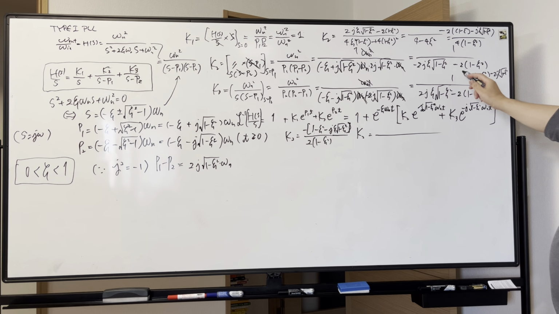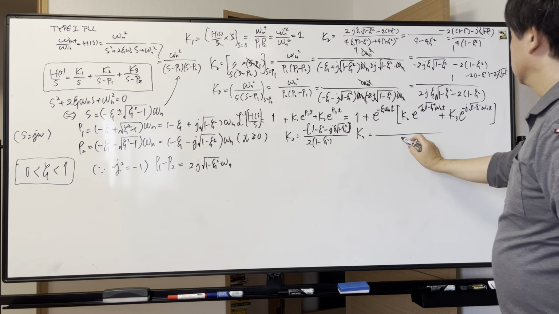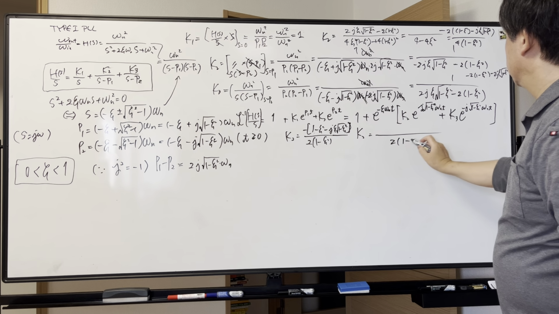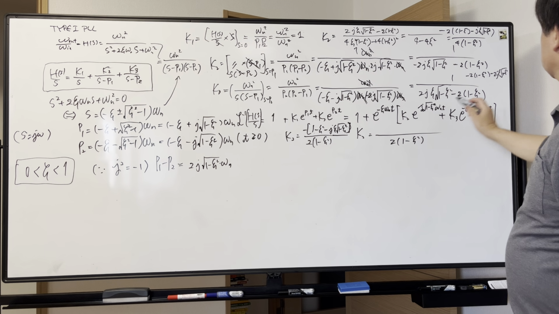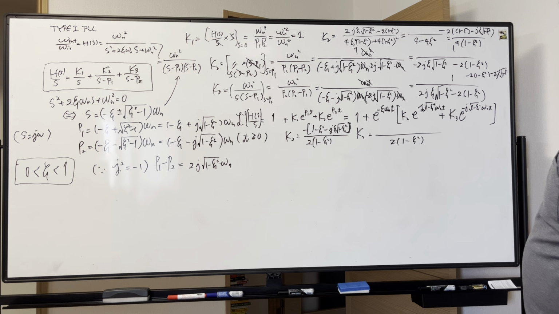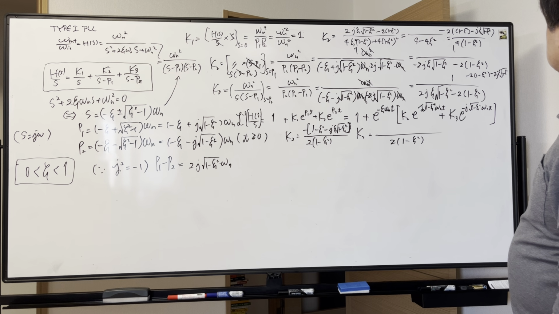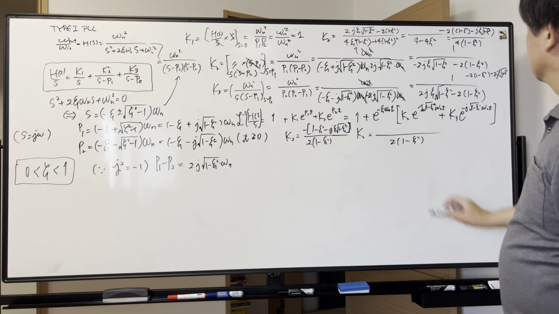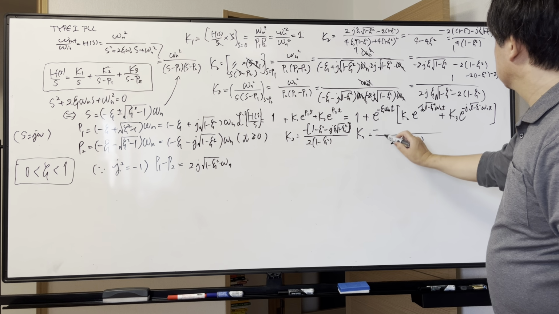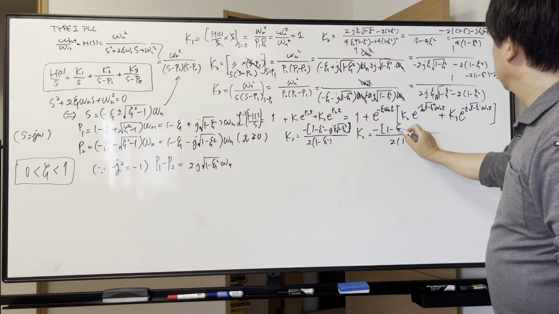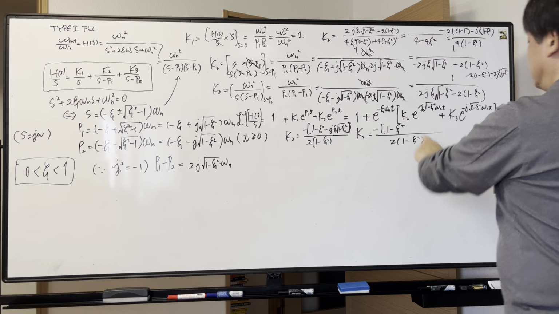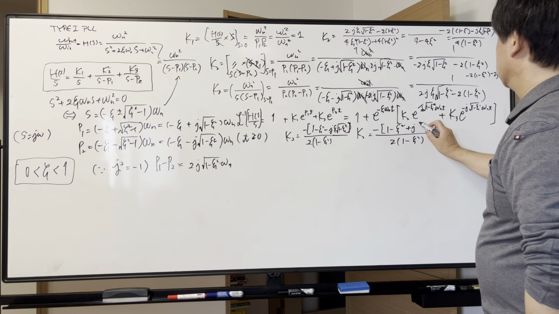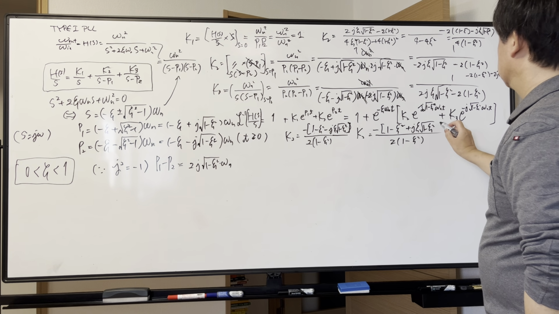The denominator is the same, so 4 times 1 minus zeta squared, and the numerator is minus 1 minus zeta squared, and this is minus j, so this is plus j zeta squared minus zeta squared.